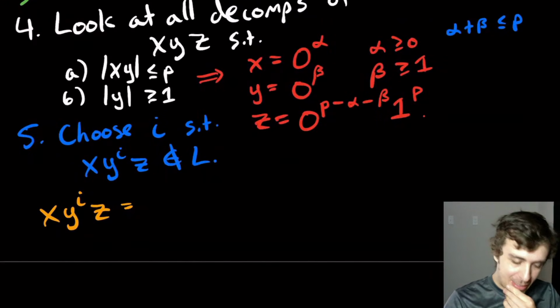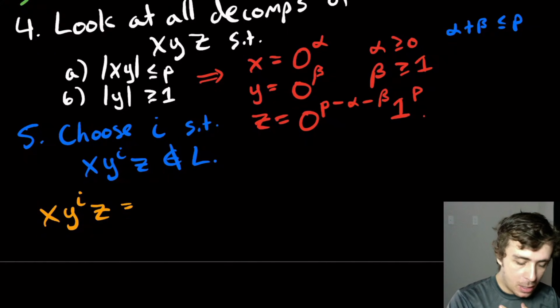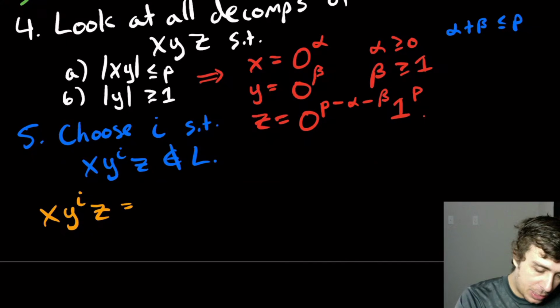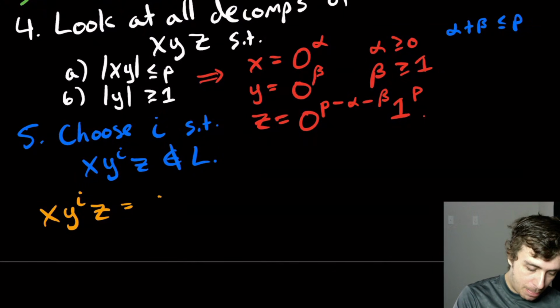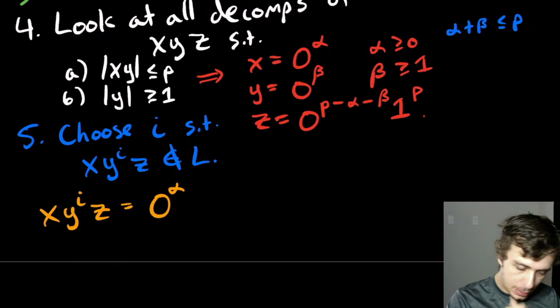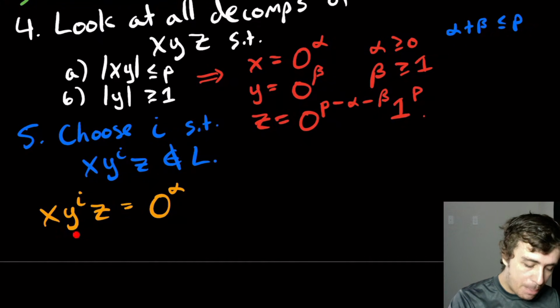All right, so then what we need to do down here is copy and paste these down. So I'm going to copy and paste the x part, which is 0 to the alpha. We're going to have I copies of y.